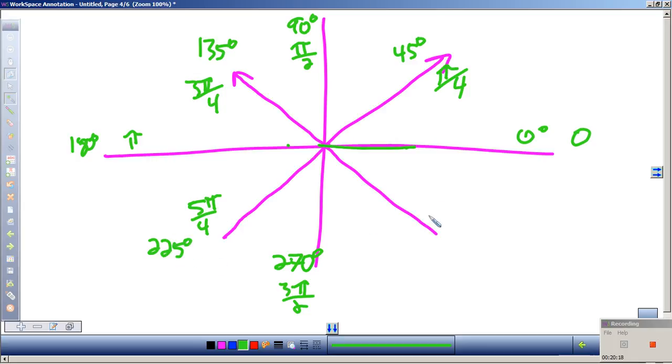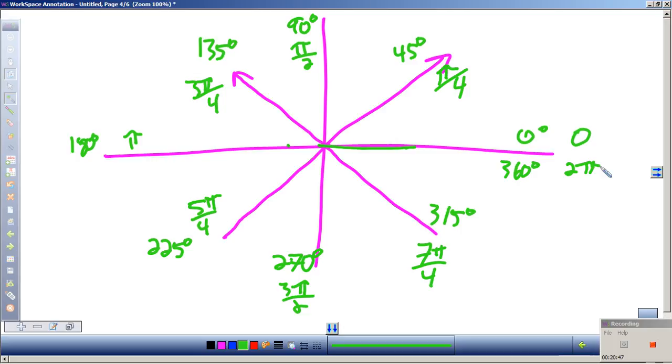Okay, here. 3 pi over 2 is true again. Okay, 7 pi over 4, and degrees? 315. Okay, and all the way around, how many degrees? How many pi?